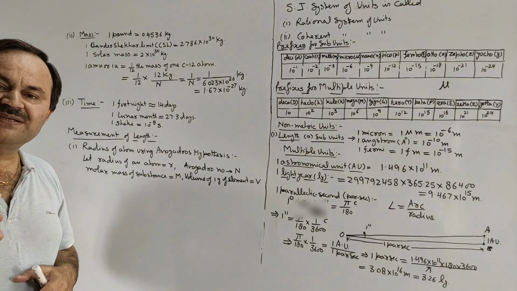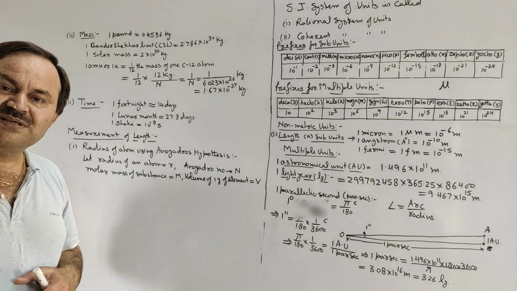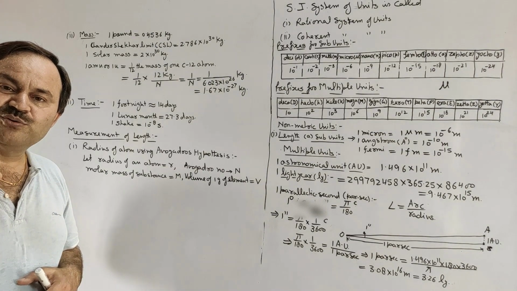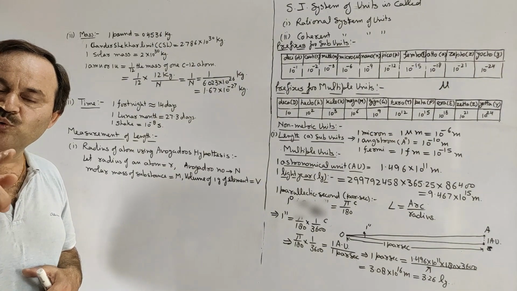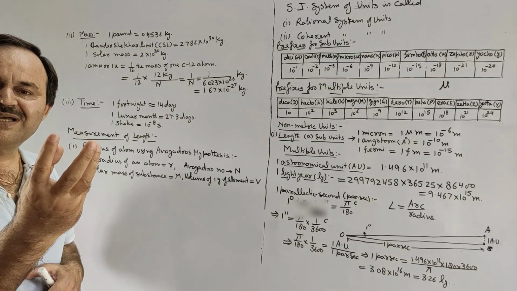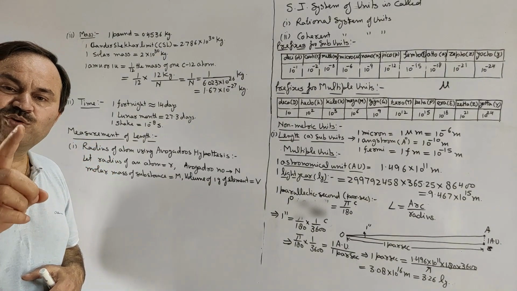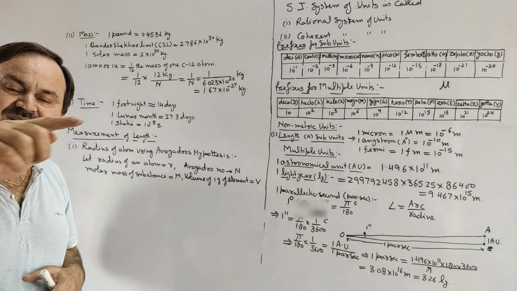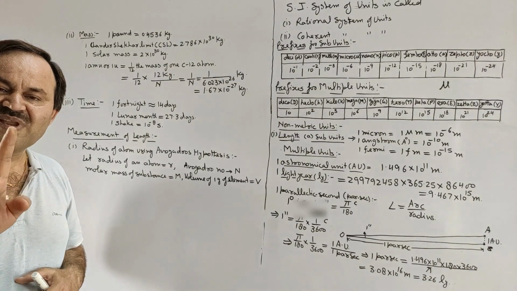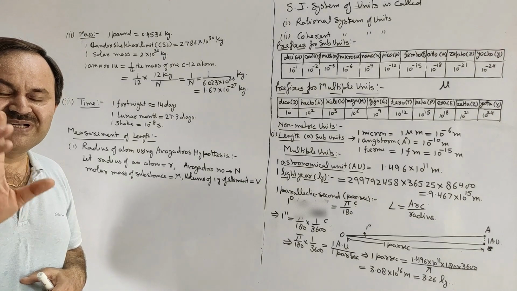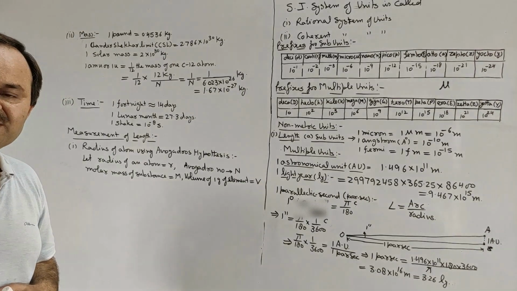After fortnight will be lunar month. Lunar month is equal to the time taken by moon to rotate once about its own axis or to complete one revolution around the earth, and that is 27.3 days.